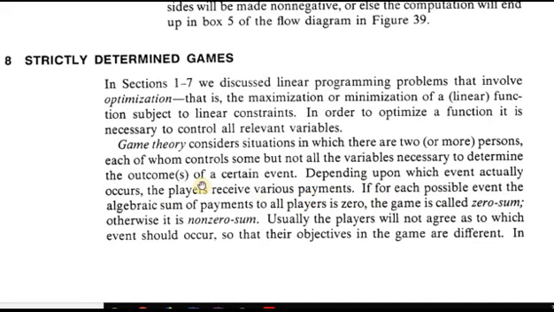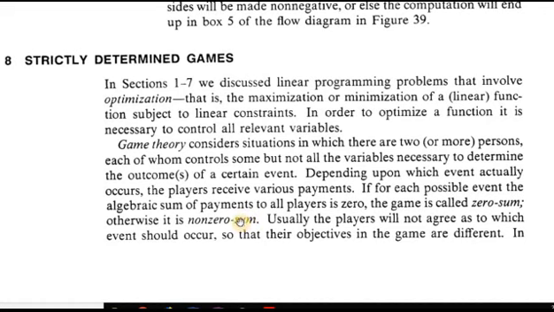Okay. If for every possible event the algebraic sum of payments to all players is 0, the game is called zero sum. Otherwise it's non-zero sum. All that means is that in this competitive game, what I win is what the other one loses. So basically, I pay the other person, or that other person pays me. But the sum of my payment to him and what he receives is 0.